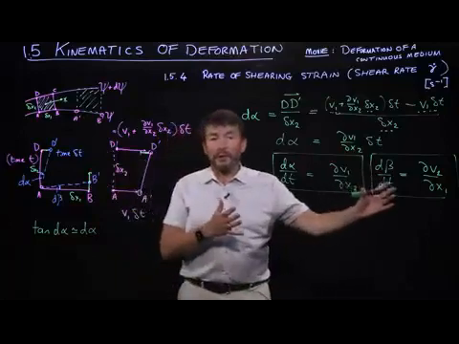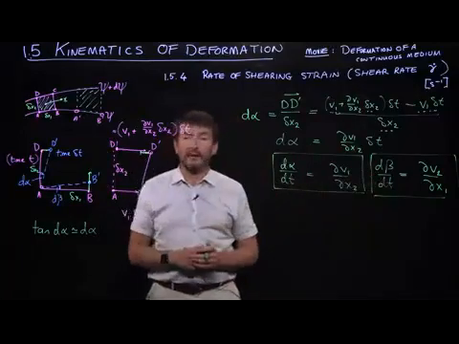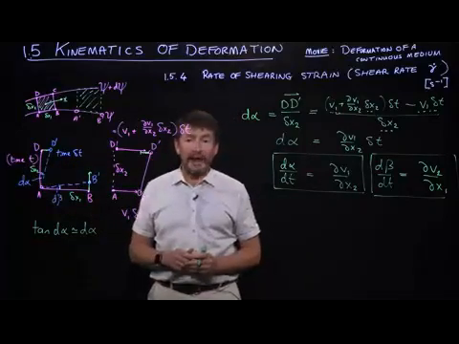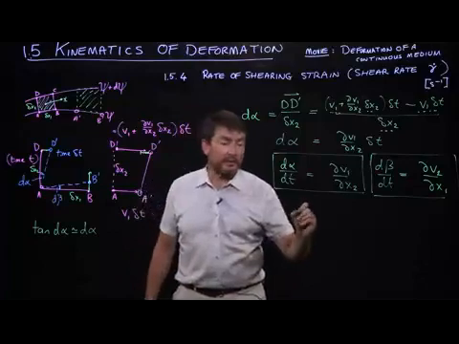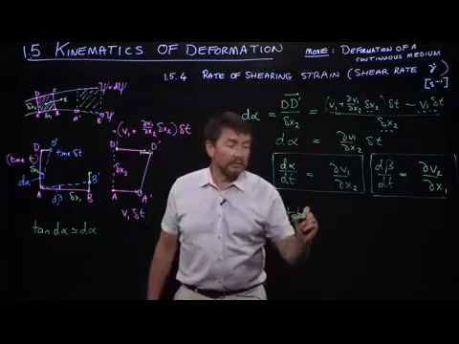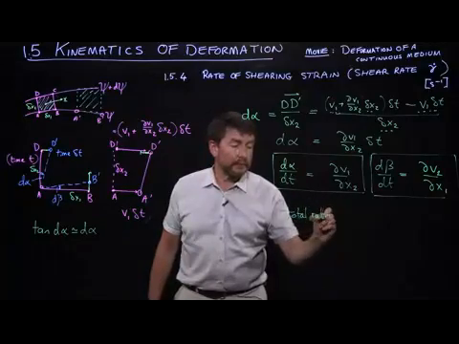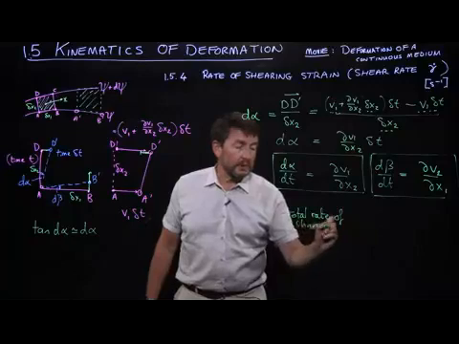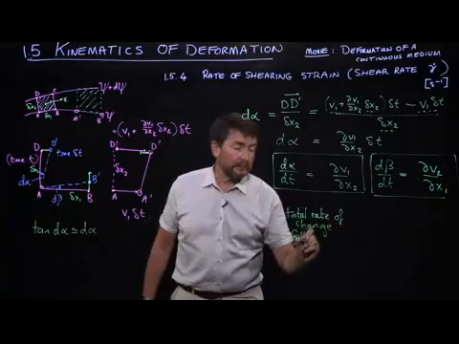And so people will then choose to express the rate of strain in terms of either the total rate of change of this or maybe in terms of the average of this. And so we'll see that people will sometimes use the total rate of change following our material element.